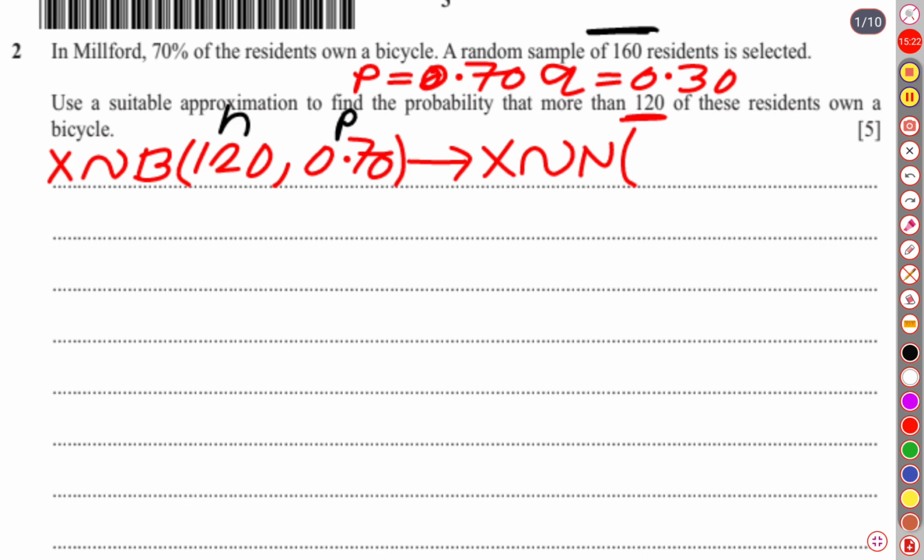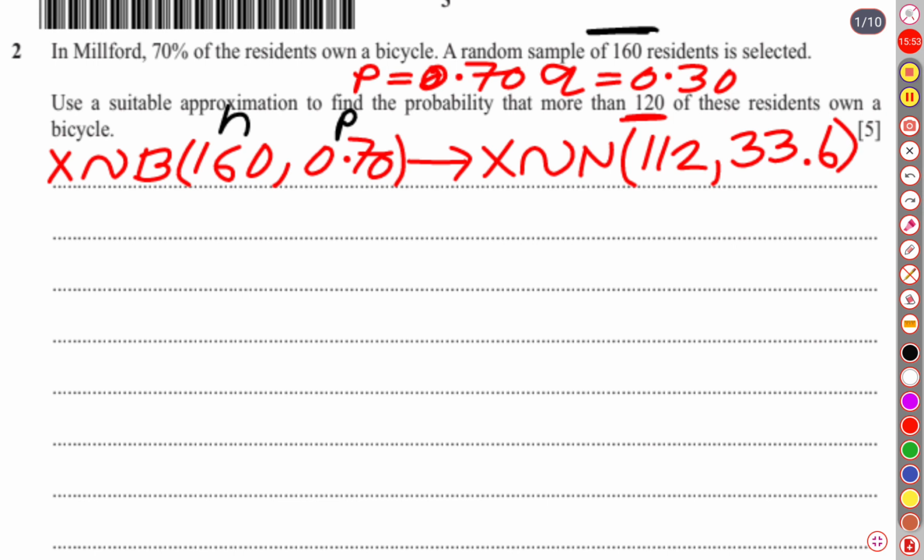So our mean is n times p. If we multiply 160 by 0.7, it is going to be 112. So our mean is 112 and our variance is npq. If we multiply by q, which is 0.3, by 112, it is going to be 33.6.